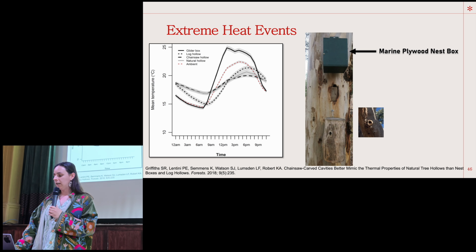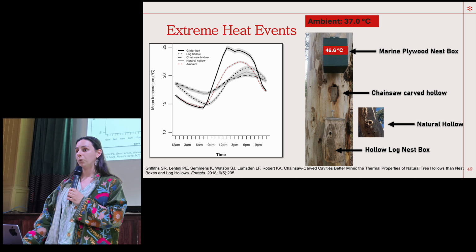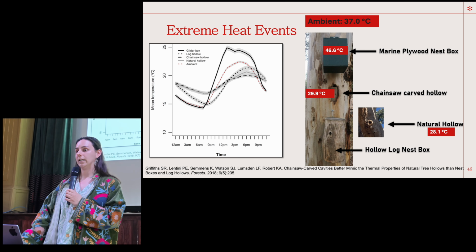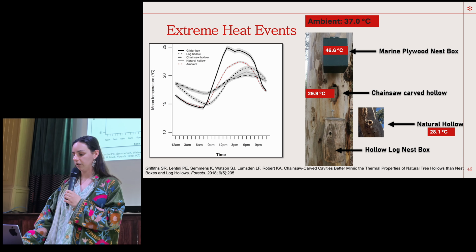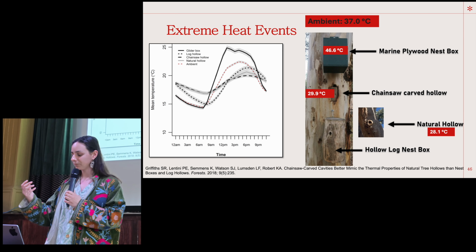So when comparing the heat between these various artificial hollows, during a hot day of 37 degrees, it was actually 46.6 degrees in the wooden nest box and 30 degrees inside the artificially carved hollow inside the tree, whereas it was 28 degrees in the natural hollow. So it's really hard to replicate nature. Old trees do it really well.